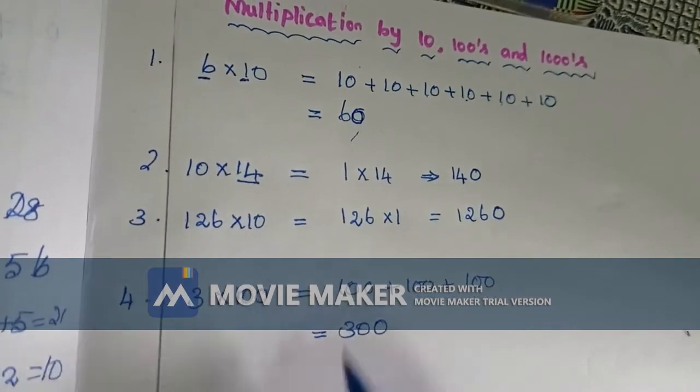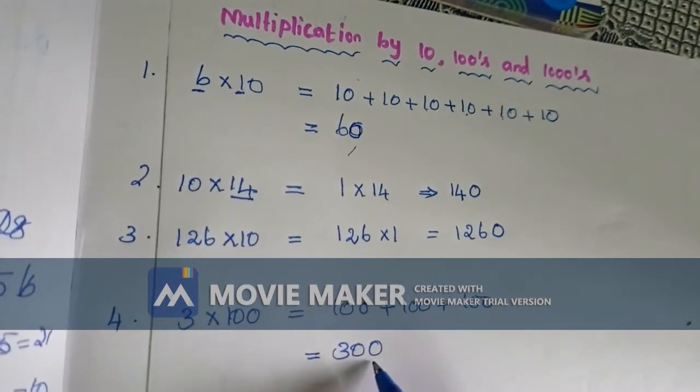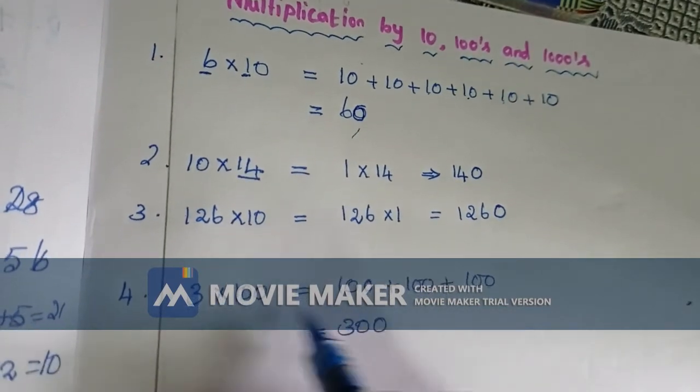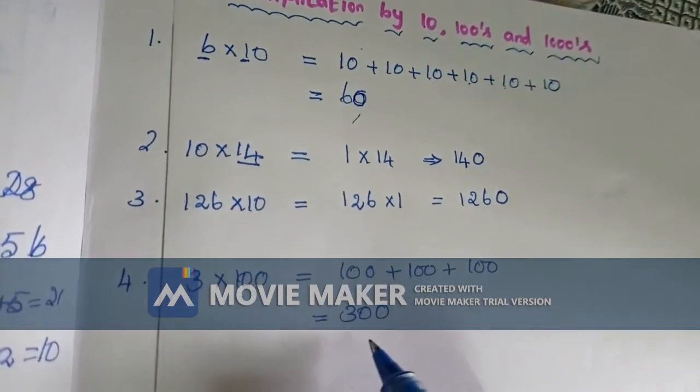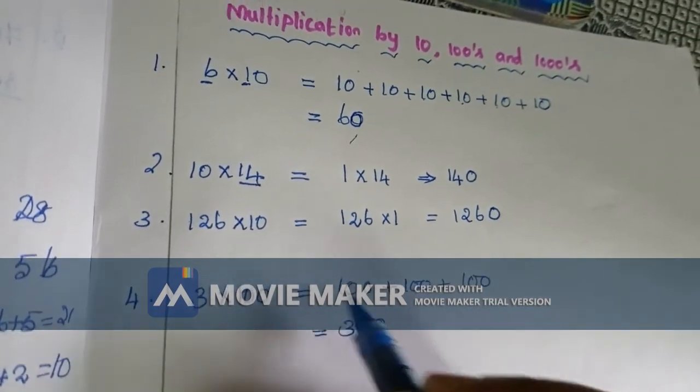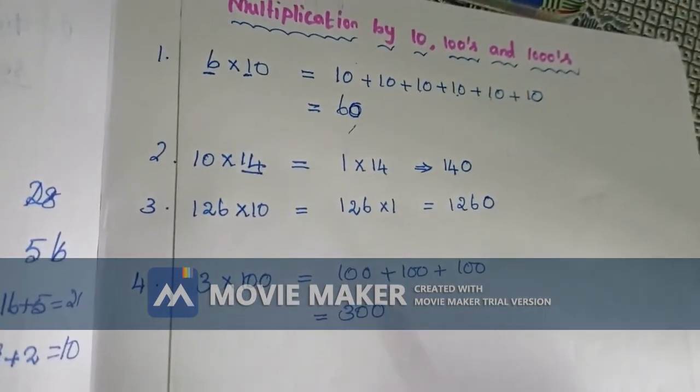We can see that two zeros appear to the right of the number being multiplied by 100.